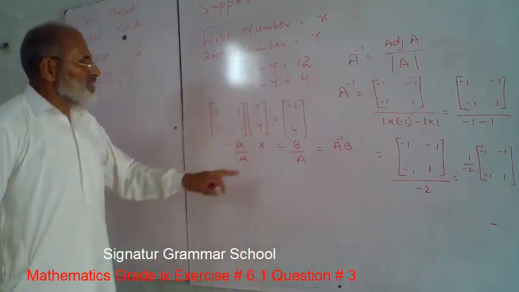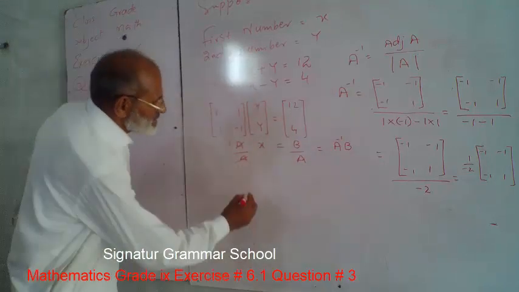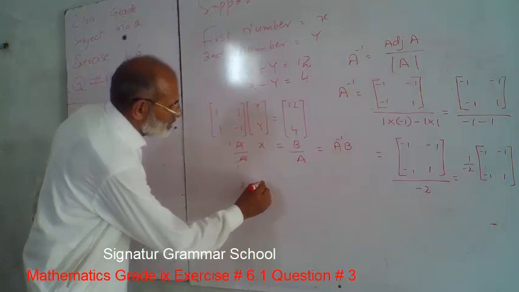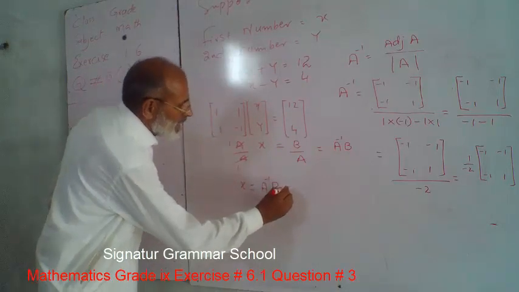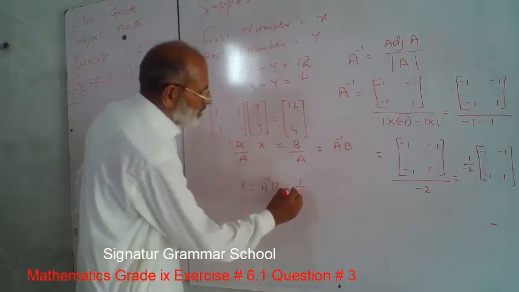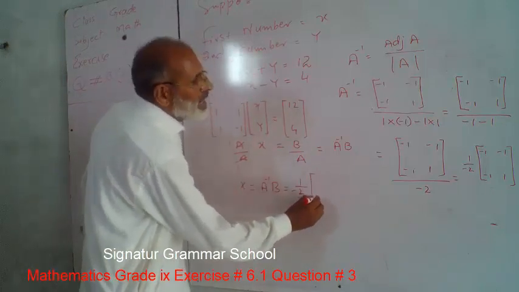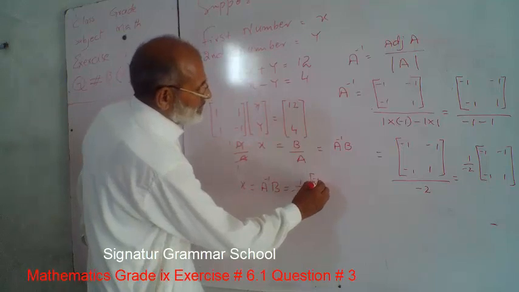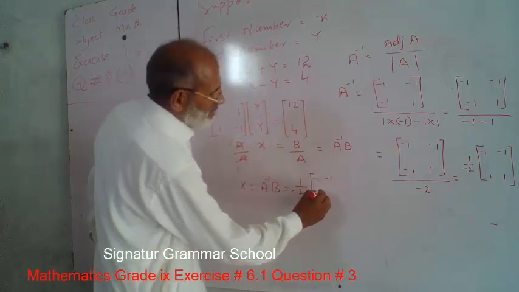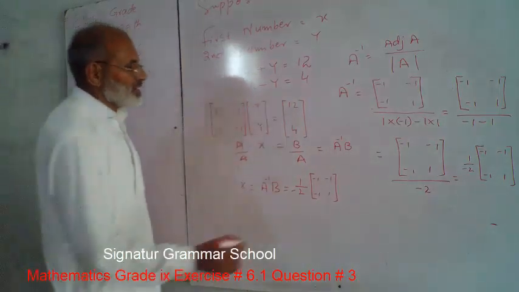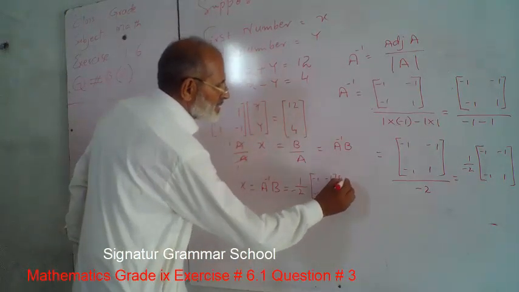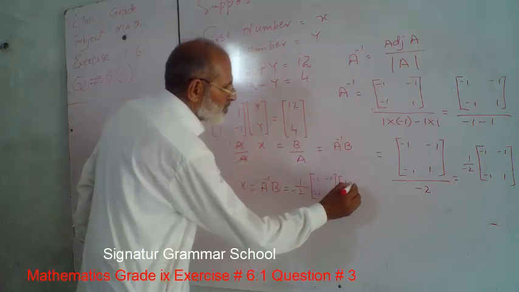Now, coming to this equation, x is equal to A inverse into B. The value of A inverse is 1 over minus 2 times minus 1, minus 1, minus 1 and 1, where the elements of B are 12 and 4.